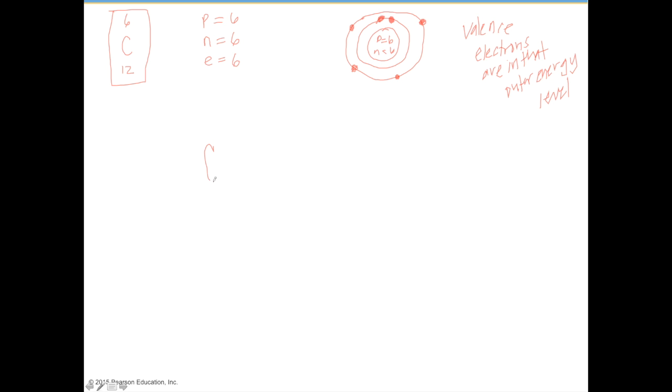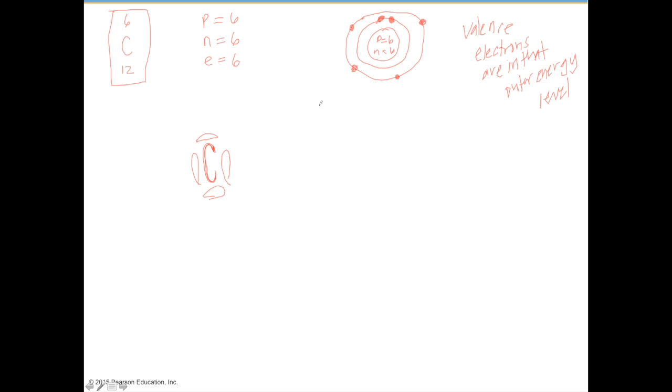So remember when we did that Lewis dot diagram, when we're drawing the structures, we said imagine carbon has 4 sides: 1, 2, 3, 4. When you place the electrons, let's do them in blue.